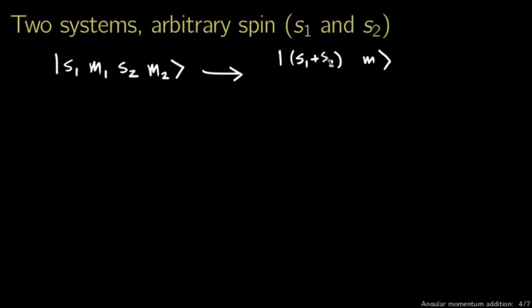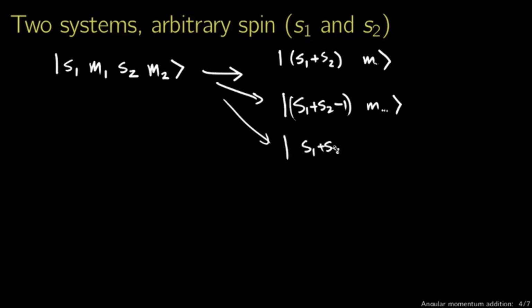I can also make quantum mechanical combinations with S1 plus S2 minus 1 for the total angular momentum, and some associated M for that as well. I can continue as well, also S1 plus S2 minus 2, if I have enough angular momentum for that.